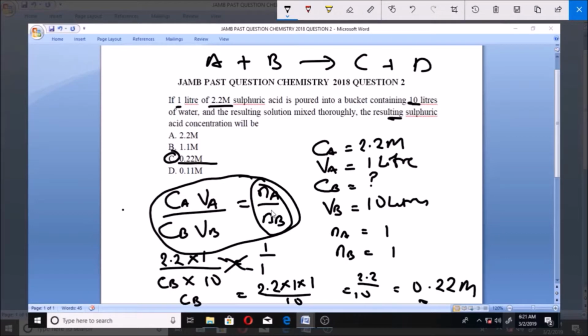Nb here is also 1, but if you have 2 here, then this has to be 1 over 2. If you have 3 here, then it can now be 3 over 2. So it depends on what is in front of this molecule that you call your Na and Nb. So that's how you locate your Na and Nb. So that is it for this.